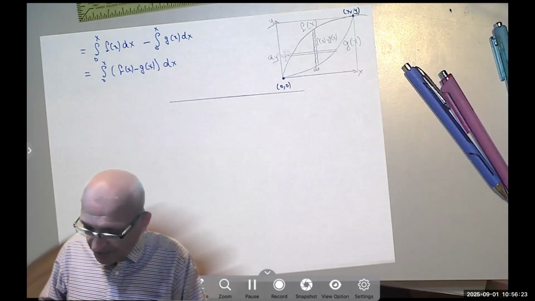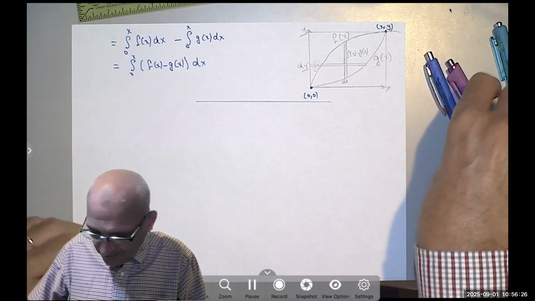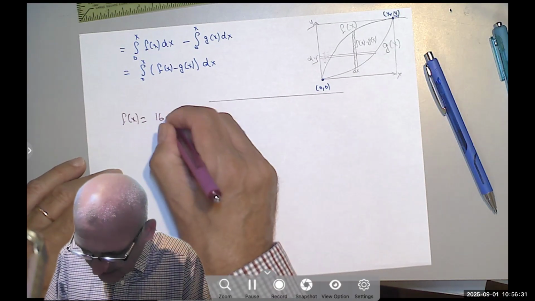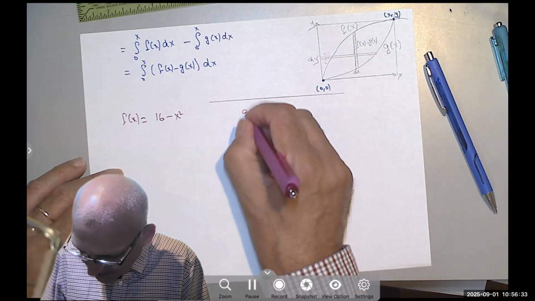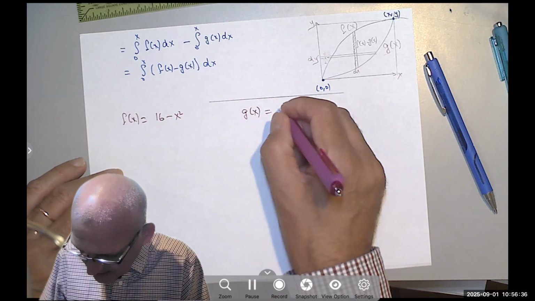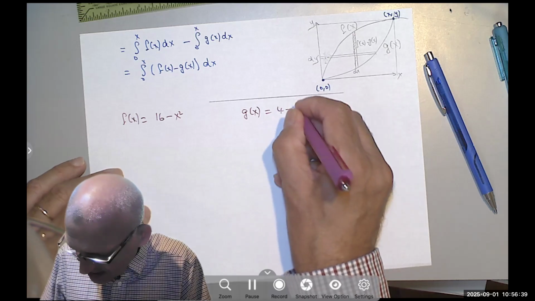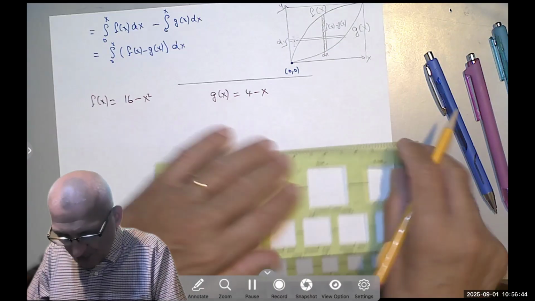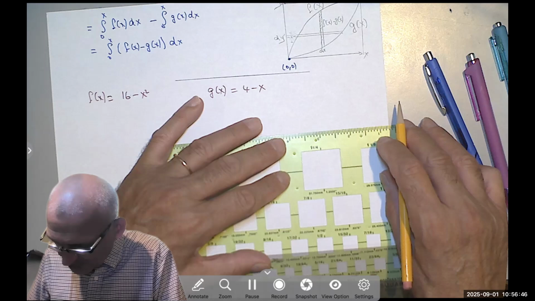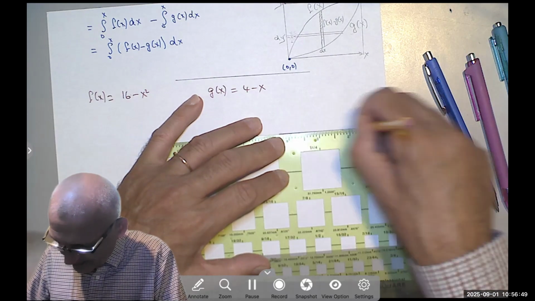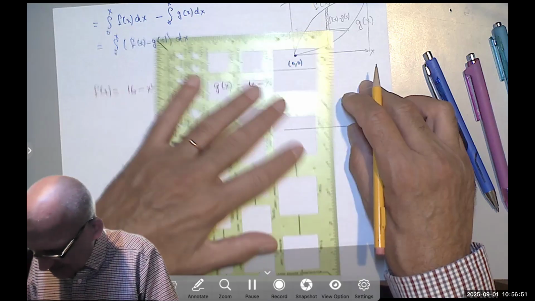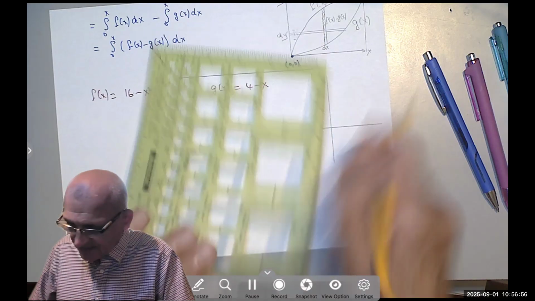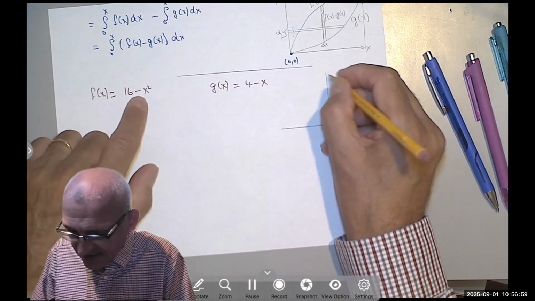Okay, so in this example, let's say f of x equals 16 minus x squared, and g of x is 4 minus x. We know this is a parabola opening downwards, and its axis of symmetry is the y-axis, because it doesn't have an x term.